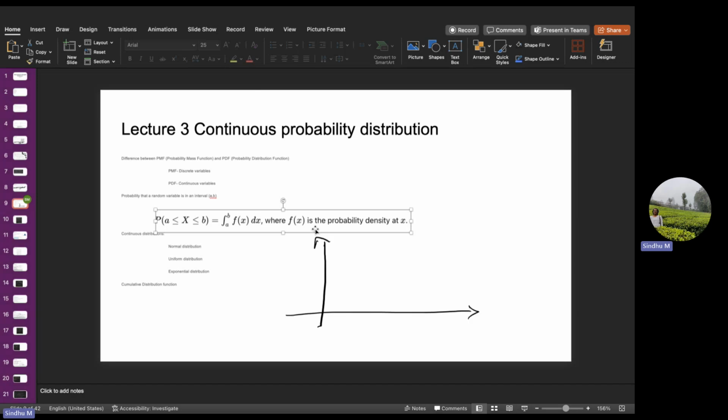Maybe this is 4 feet and this is 6 feet, and this value is 0 and this value is 1. Mostly these height distributions follow a normal distribution. Now you have to find the probability of having a height between 4.5 feet and 5 feet.